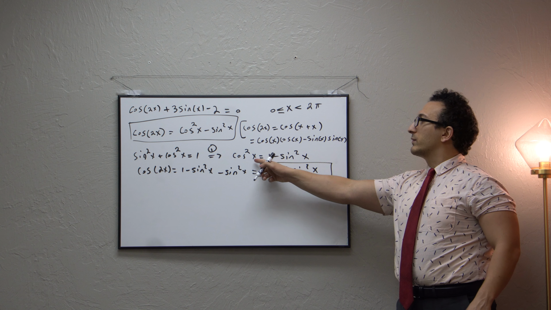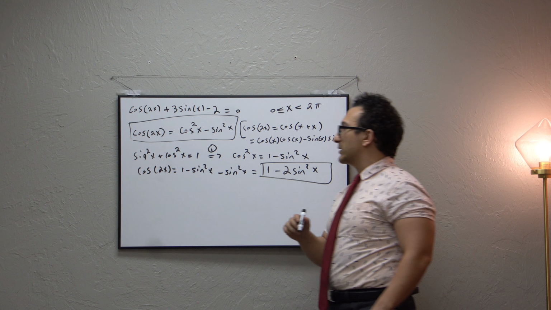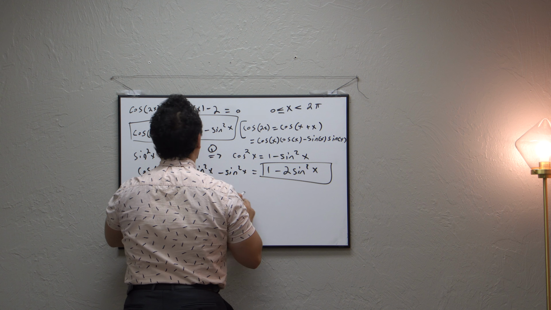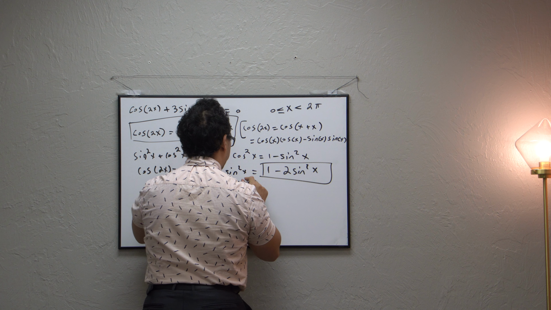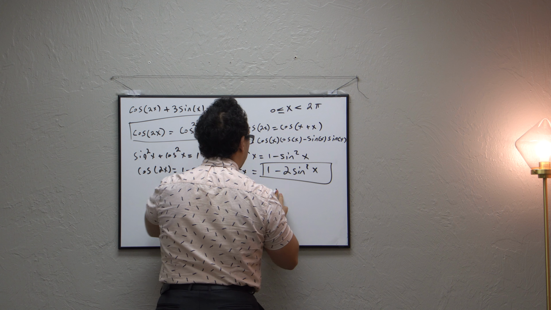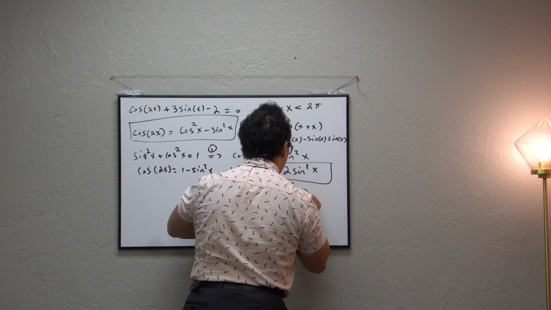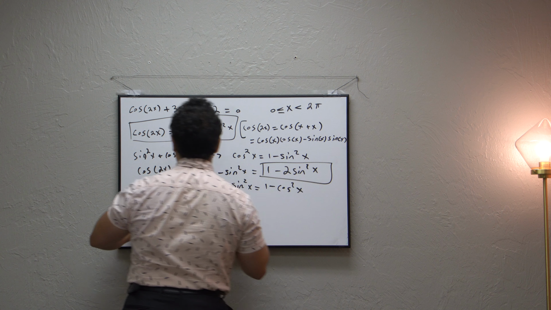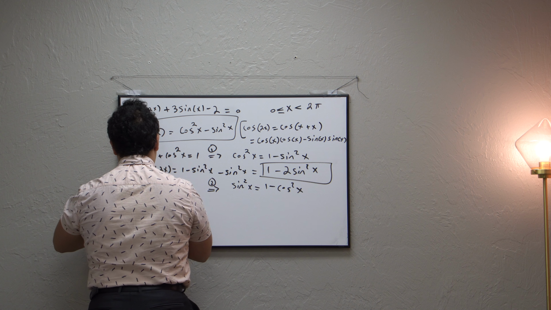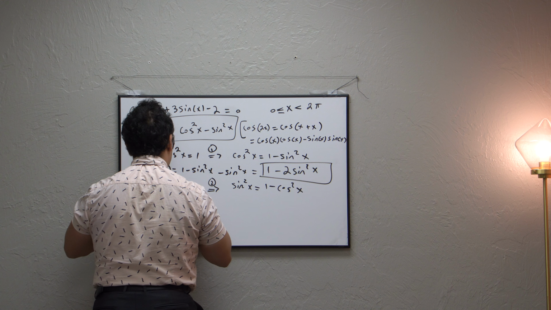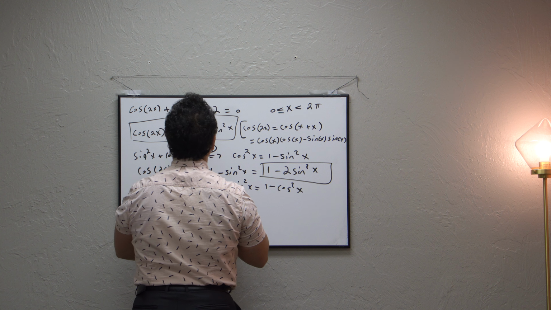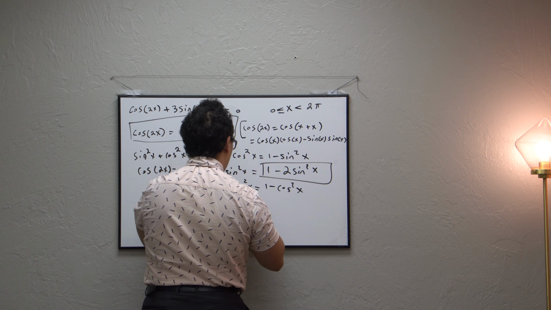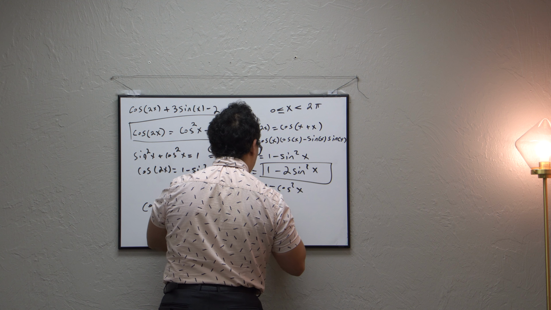Furthermore, just like we solved for cosine squared x using the Pythagorean identity, we could have also solved for sine squared x. As a matter of fact, that would equal 1 minus cosine squared x. And if we plug that into our double angle formula here, notice we would get cosine of 2x is equal to cosine squared x minus the quantity 1 minus cosine squared x.